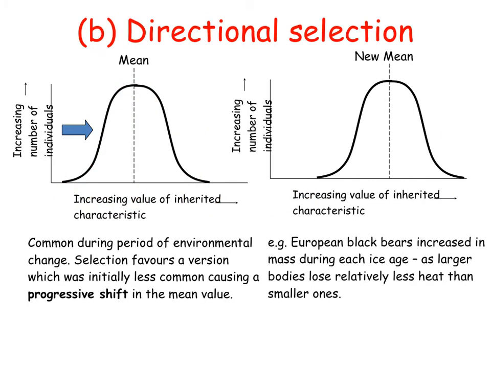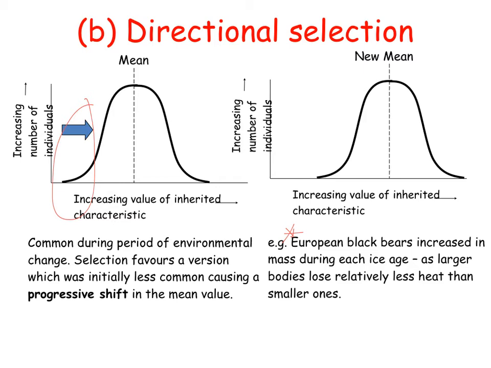This type of selection is called directional selection, and it's common during a period of environmental change. The selection here favours a version which was initially less common, causing a progressive shift in the mean value. The example that we've given here, over at this side, is European bears.